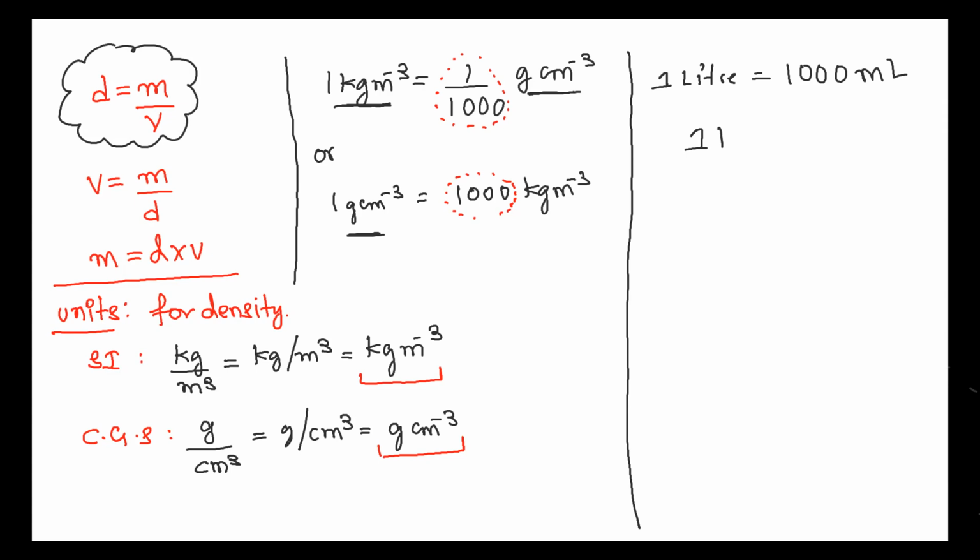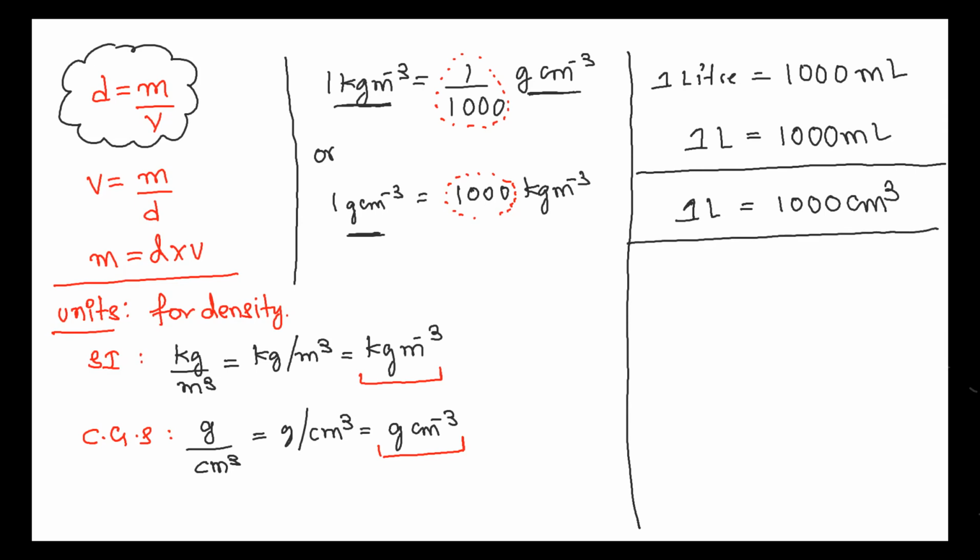I have not explained how it comes, but 1 liter is also equal to 1000 centimeter cube. As a result, we can say 1 centimeter cube is the same as 1 ml. Fine.